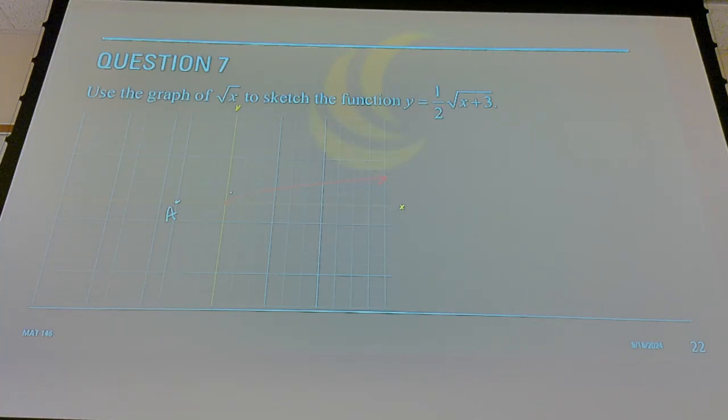Normally it'd be 4, 2. Now it's 4, 1. Actually, is that right? No, that's not right. It'd be 1, 1 half. Right, root 2 over 2 is not 1.